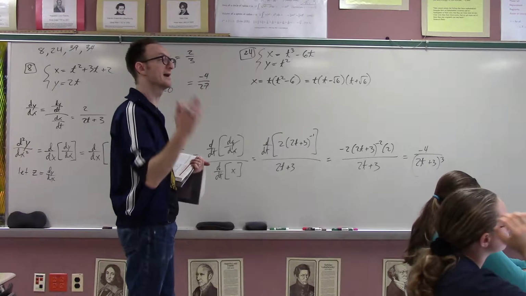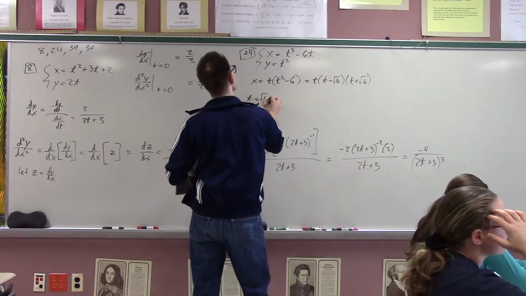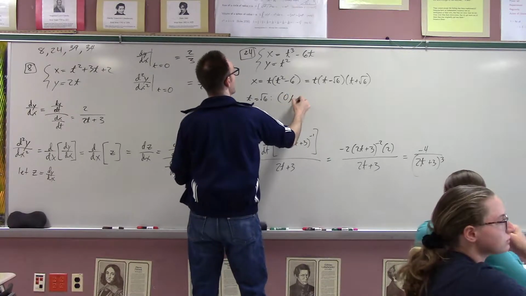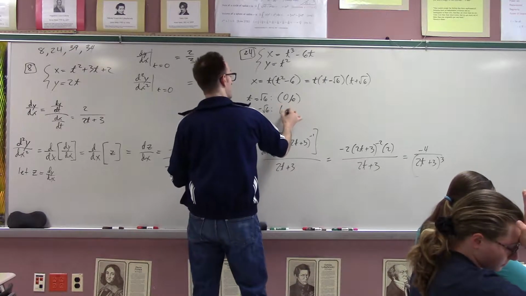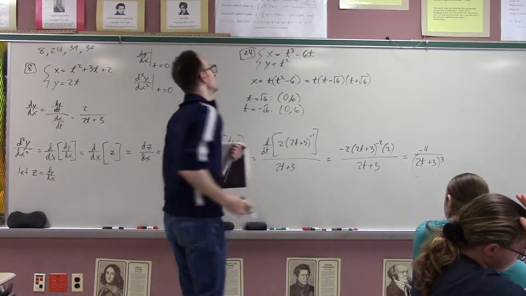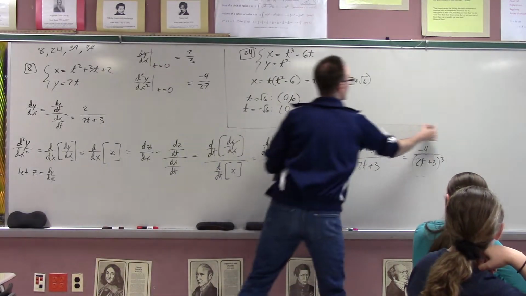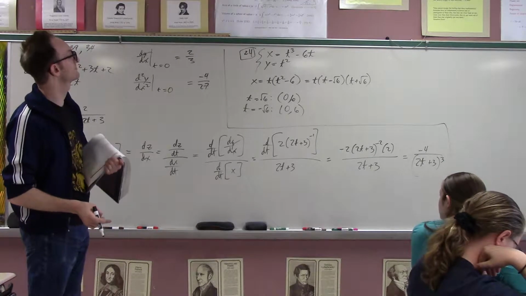But so will y, because y is just t squared. So when t is root 6, the coordinates of this point will be 0, 6. And when t is negative root 6, the coordinates will also be 0, 6. Thus, this curve is crossing itself at the point (0, 6). Have we done that correctly? Yes, right?